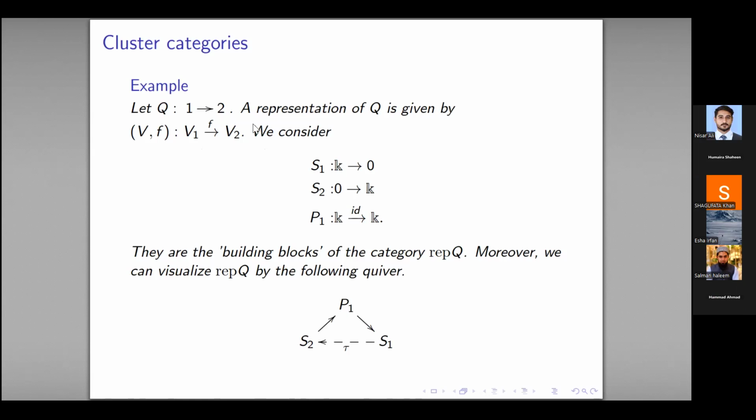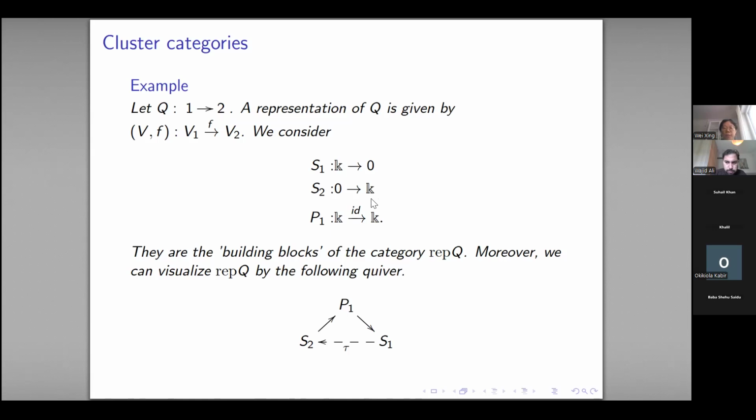To get an overall understanding, to understand the structure of this category, we would like to find the indecomposable ones, which in some sense are the building blocks of this category. So in this particular case, we consider the following three representations. The first one is S1, in which we just put a one-dimensional vector space on vertex 1 and 0 on the other.